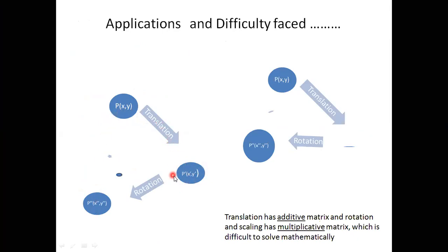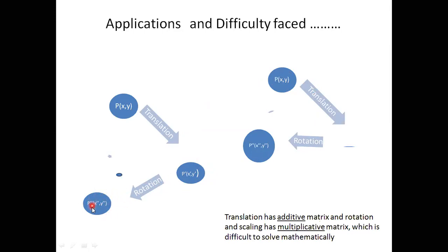After getting the new translated coordinates, for those coordinates I again need to apply rotation, and then I will get the rotated object. Instead of that, can we have some method so that from the actual points I apply both translation and rotation and directly get the final result without getting this intermediate x dash, y dash? Can I get the final result directly?